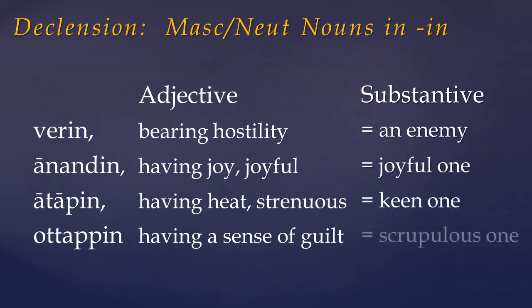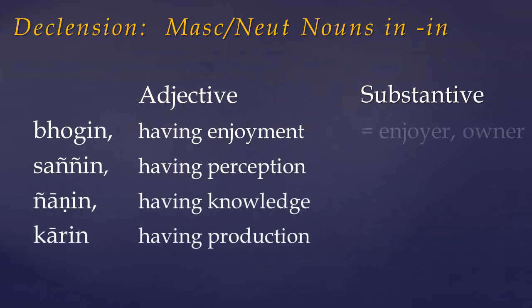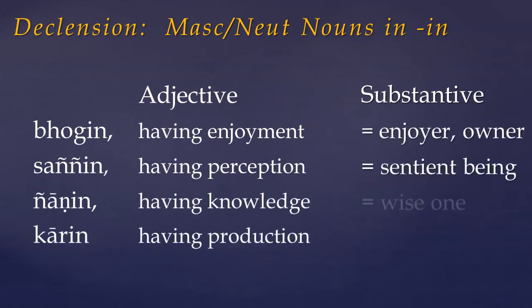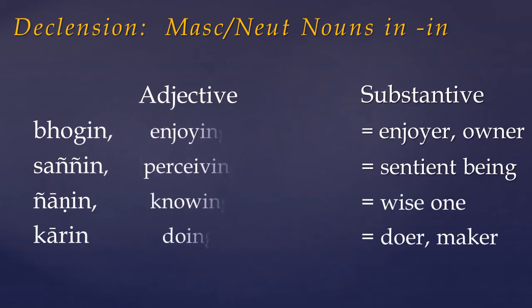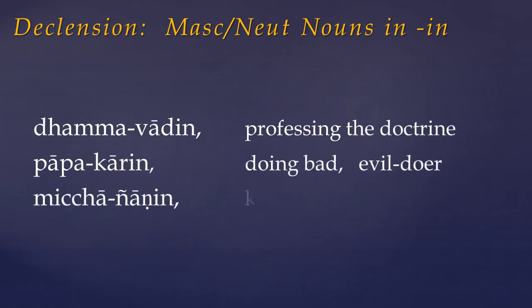So, verin means to bear hostility, or an enemy. And occasionally with abstract verbal nouns. And these then can be thought of as being similar to present participles. And they are frequently the final members of compounds.